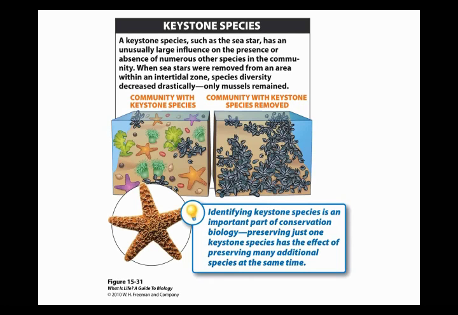So sometimes it's important to identify keystone species that allow communities to be successful, or to have multiple other types of species there, because keystone species are going to help to keep diversity, which is something that is very important.